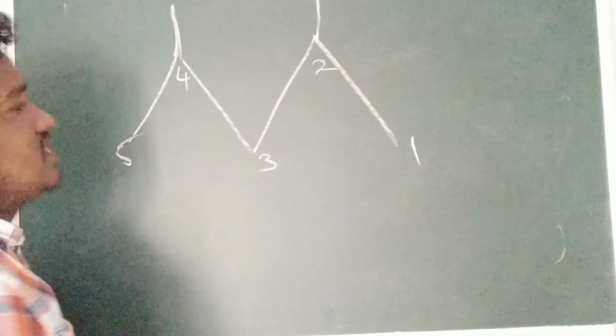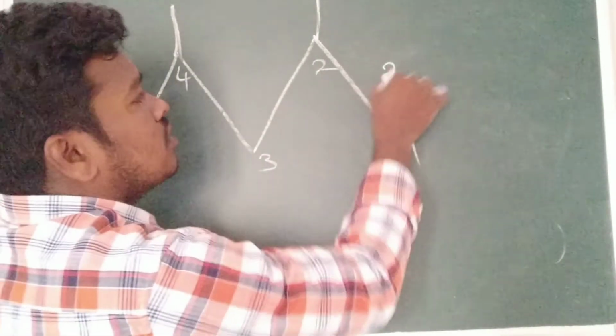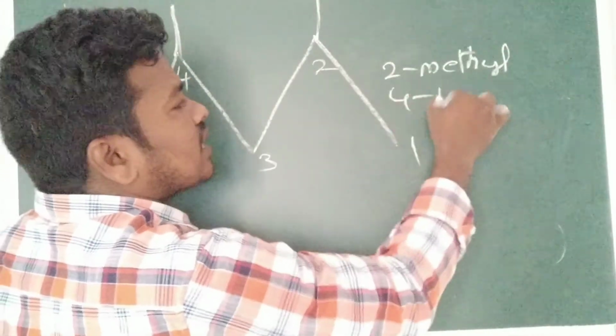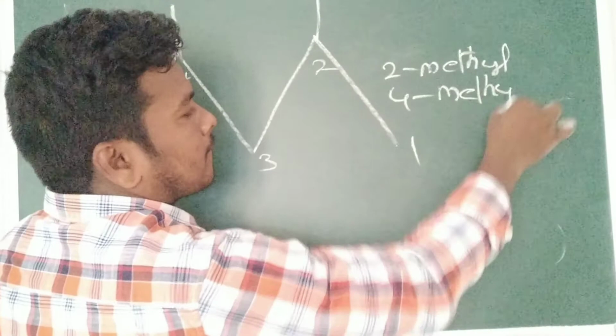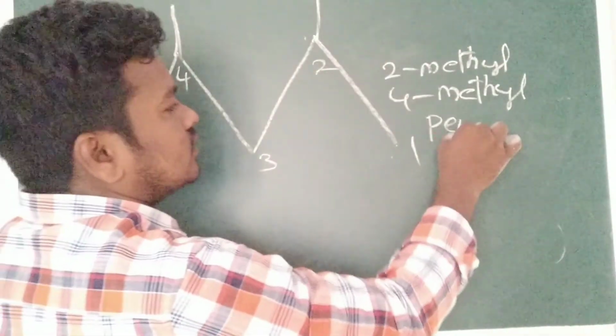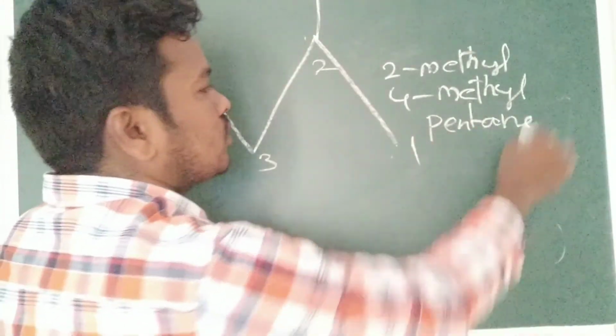Methyl groups are present here. On what positions? Generally you would write 2 methyl, 4 methyl, pentane. Only a single bond is there, so I just have to add the suffix ane.